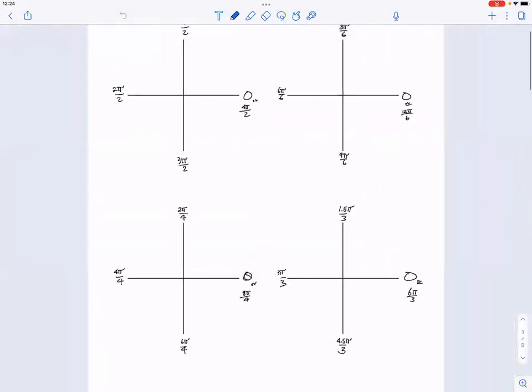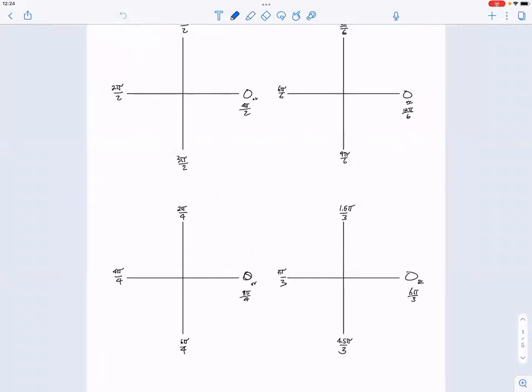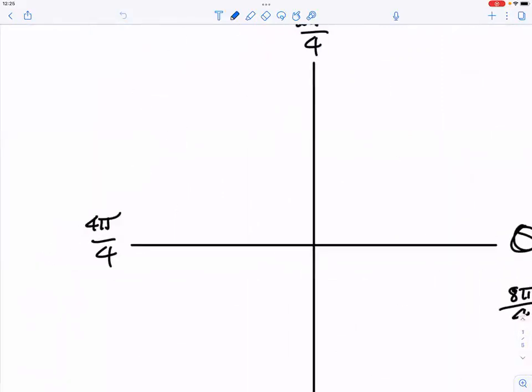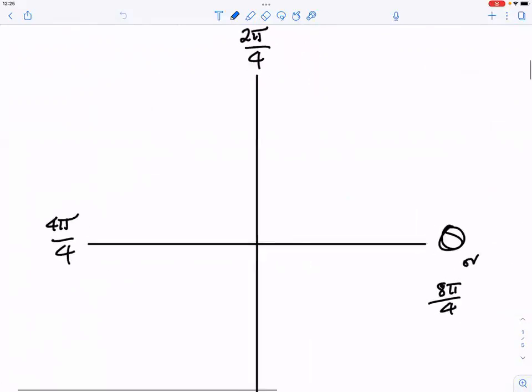Last Thursday, I gave you these different frames of reference to allow you to tell which quadrant very easily. You do not convert to degrees. You just think that when it's pi, you think about 4 pi over 4. When it's 2 pi, you think about 8 pi over 4. It applies to any kind of fraction with any kind of denominator.